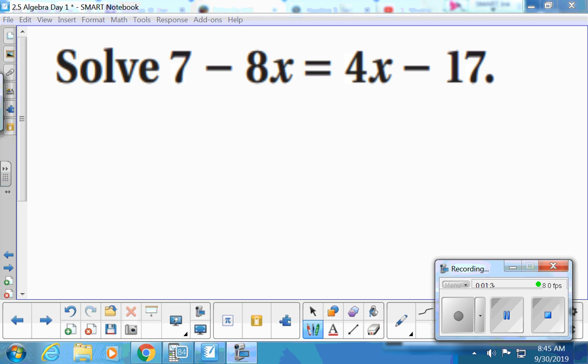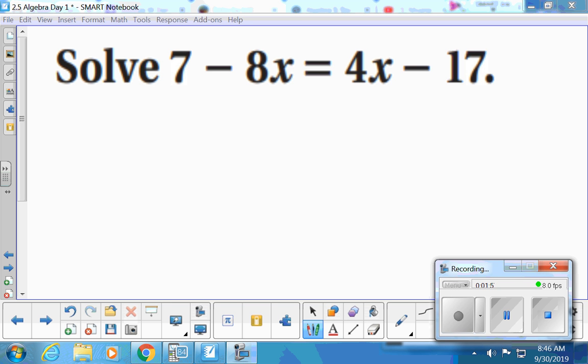All right, go ahead, jot this one down. We will do it together, and then I think we'll be ready for board buddies after that. We do have x's on both sides of the equal sign. So I always have the advice for my students to move the smaller term that has the variable to join the bigger one.